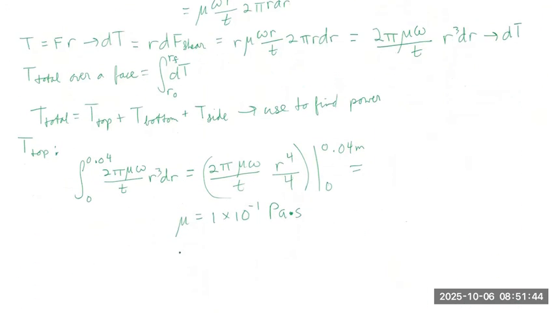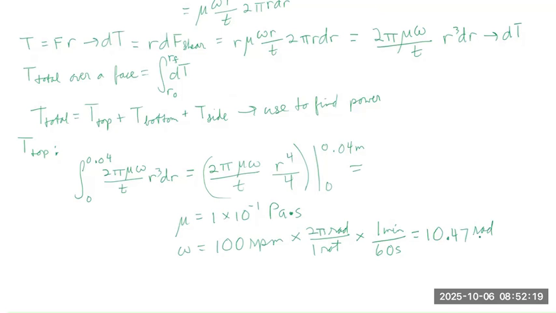So let's convert it to radians. 100 RPM is going to be equal to 100 times 2 pi radians over 1 rotation, multiplied by 1 minute over 60 seconds. And this will give you that it's equal to 10.47 radians per second.